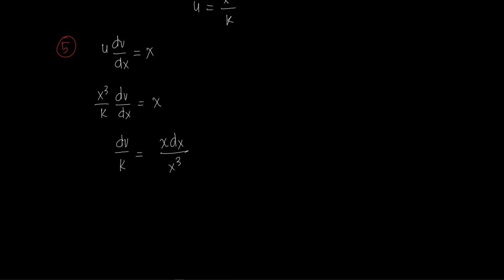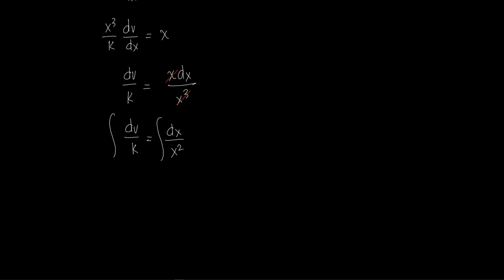Okay. Meron pa palang ma-cancel out. Cancel out yung isang x. Okay, so magiging dv over k is equal to dx over x squared. Integrating both sides, yan yung step 6.